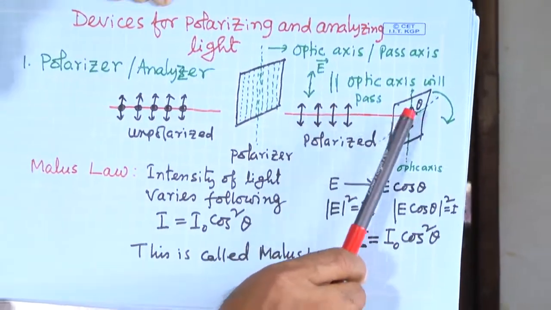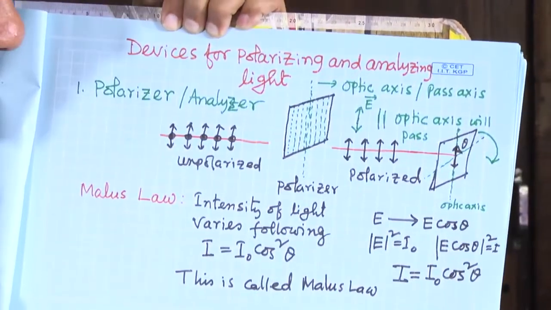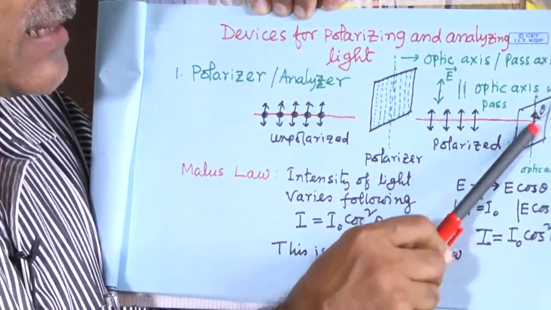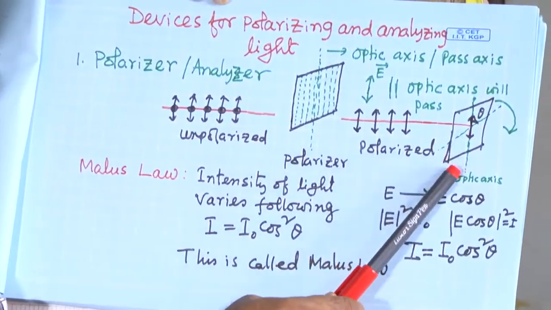Now, if I take another polarizer for analyzing this polarized light, you can call it the analyzer.